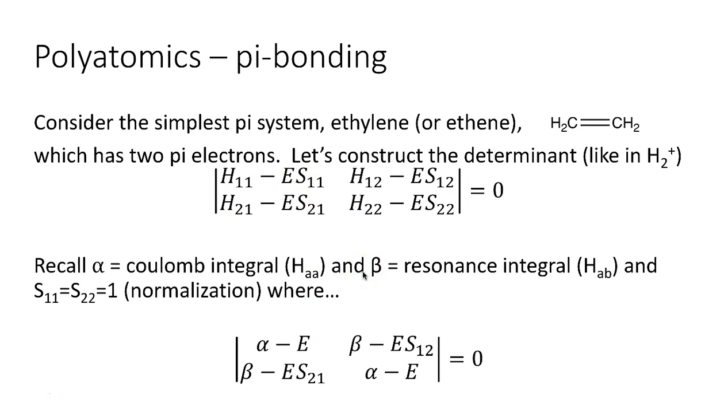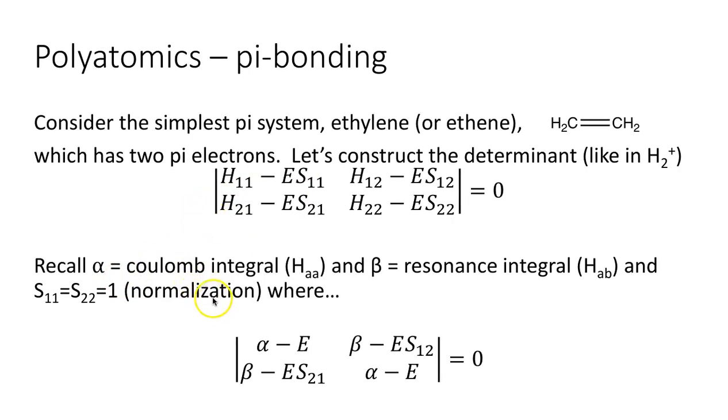The H11 and H22 are our Coulomb integrals, and we're going to substitute alpha for those. Remember, our H21 and H12 are our resonance integrals, and then any of our S's are overlap integrals, where S11 and S22 are on the same atom, so they're normalized and go to 1.